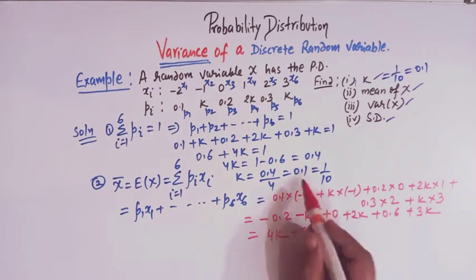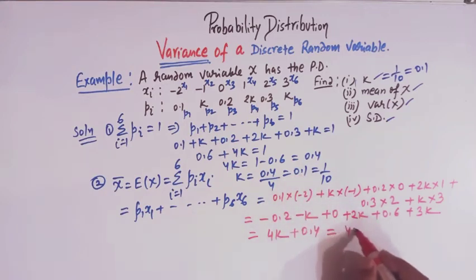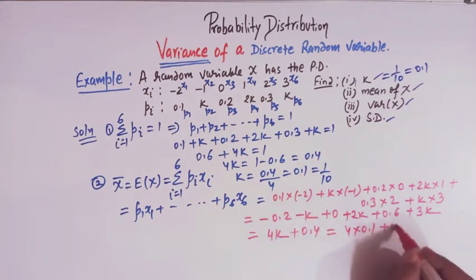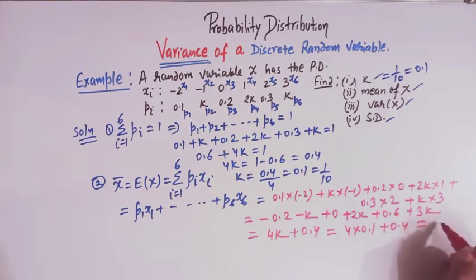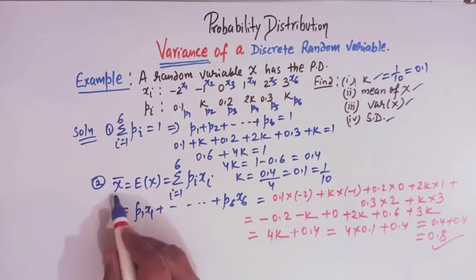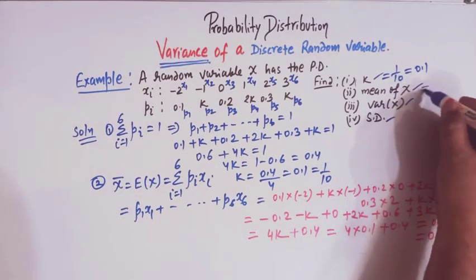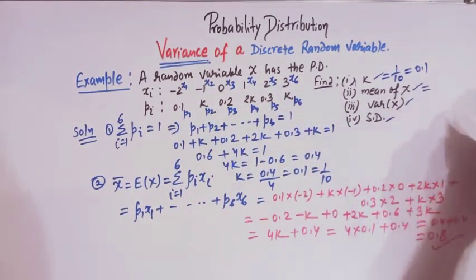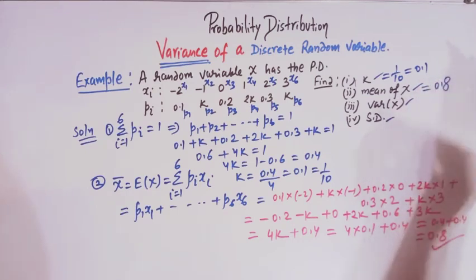And the value of k is 0.1, so we have 4 times 0.1 plus 0.4, that is 0.4 plus 0.4, that is 0.8, right? So therefore the mean of this random variable is 0.8, right?